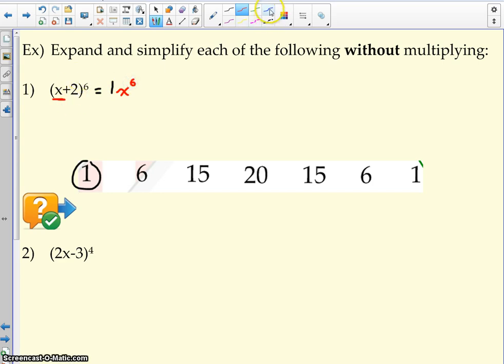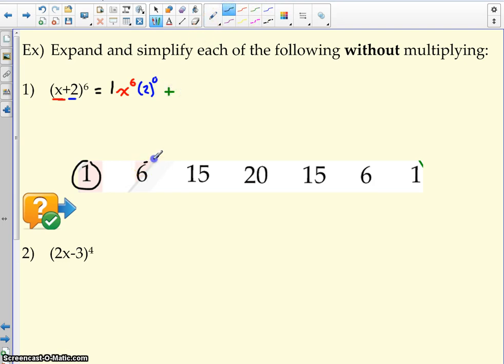Now the second term of my binomial is 2, so technically I have 2 to the exponent 0. I know 2 to the 0 equals 1, but I'm showing the pattern you're going to see when you expand this out: for each term I subtract 1 from the exponent on x, and I add 1 to the exponent on 2. So again, I took my coefficient, my first term to the exponent 6, and my second term to the exponent 0.